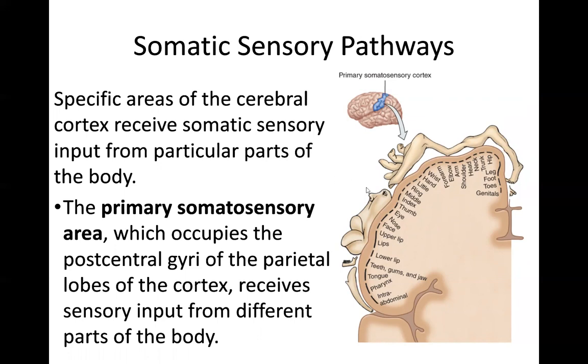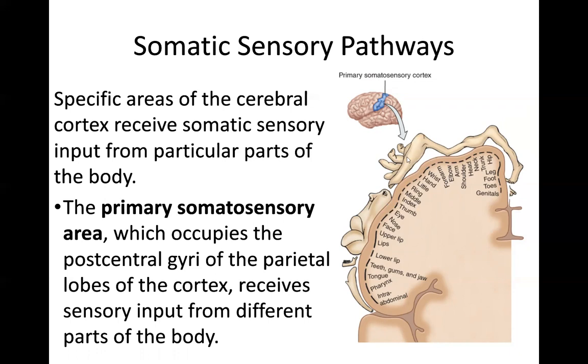Basically it's a mapping of that primary somatosensory area and showing you which segment of that area is dedicated to which part of the body. For example, you can see the face and especially the lips and the hands occupy a very big region of the cerebral cortex. And that demonstrates that those areas are loaded with the most receptors and are therefore the most sensitive.